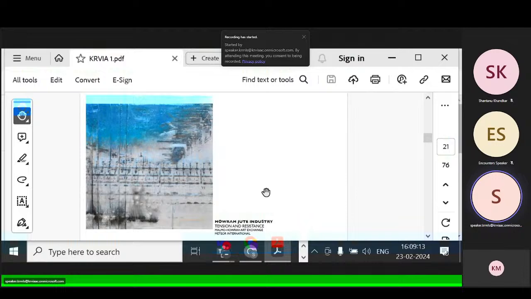So this book, which is in the making, I think it will be out in 2025. It's being published by Birkhäuser. It's called Better Together.